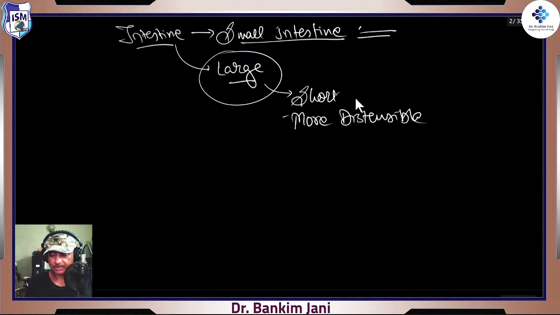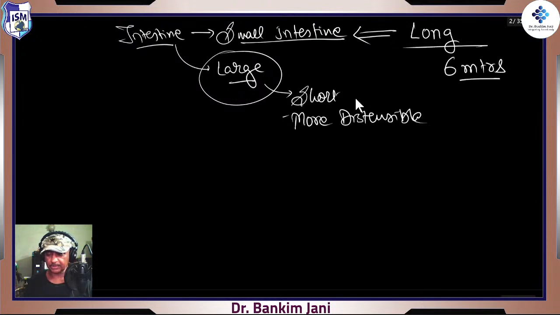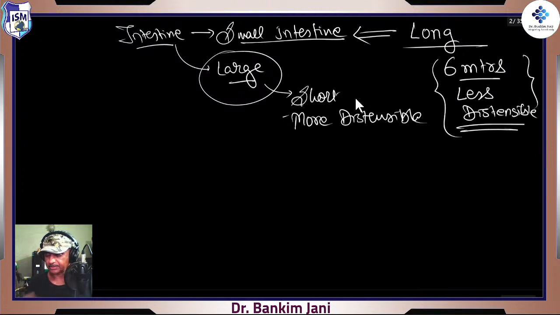But our focus here is the small intestine. This is actually long, about 6 meters. These are just the keywords I'm writing. And it is less distensible. Distensible means the ability to expand, right? So this is less distensible.